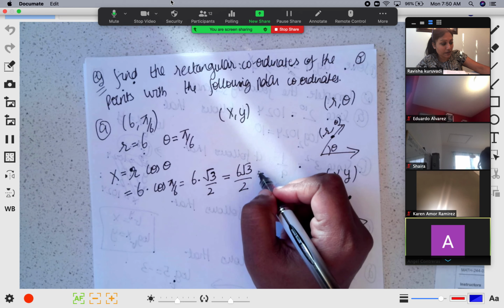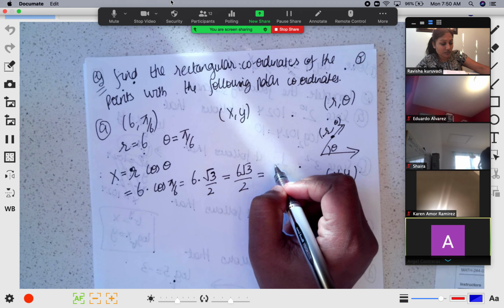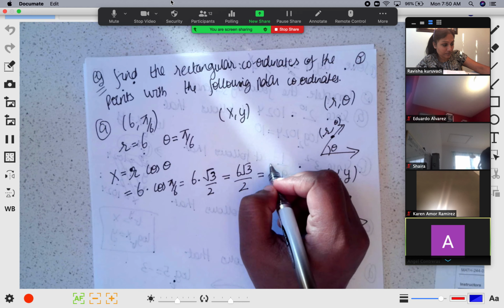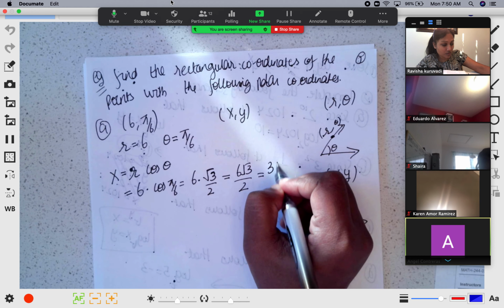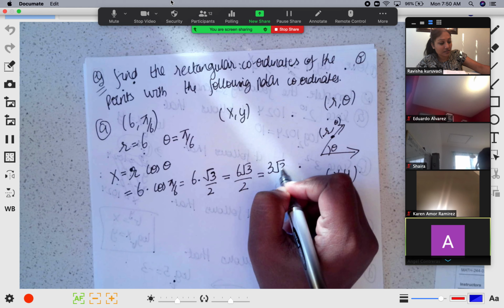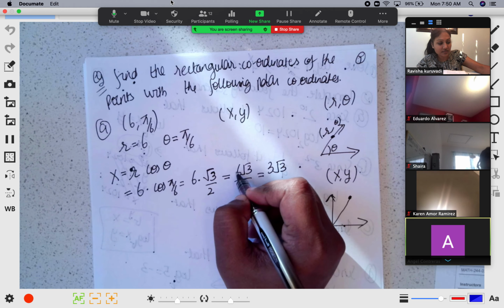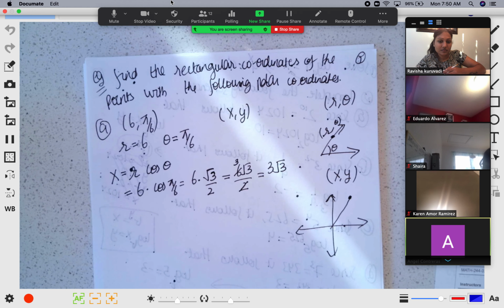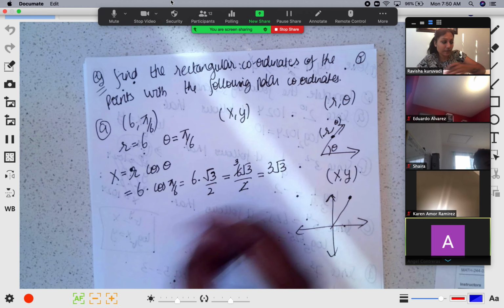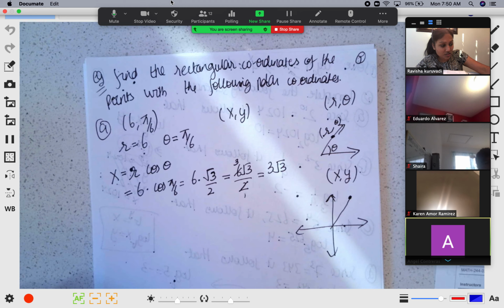Can you divide 6 by 2? Yes, the 6 and 2 cancel, so you get your x as 3 root 3.